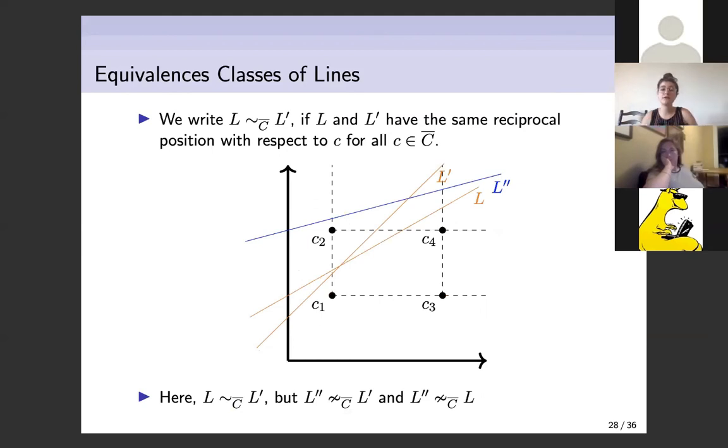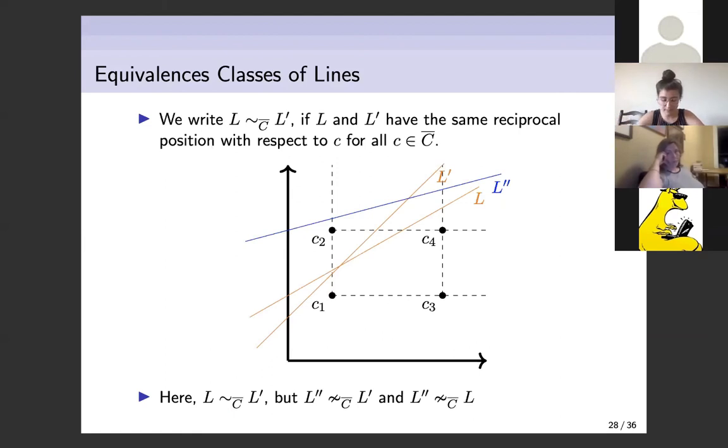So we say that two lines L and L prime are in the same equivalence class, or they're equivalent, if they're in the same reciprocal position with respect to all of the points in the critical set, so all of the critical values. The critical values are still C1 to C4.